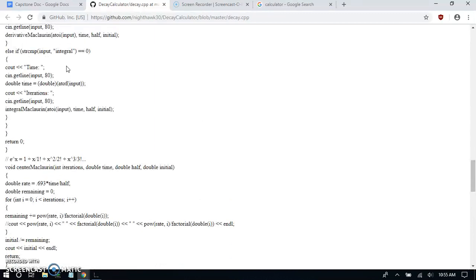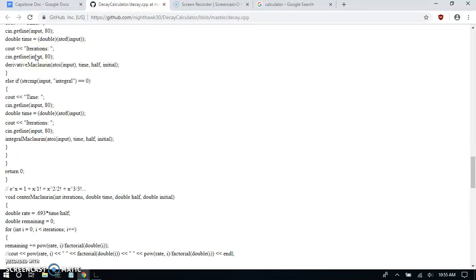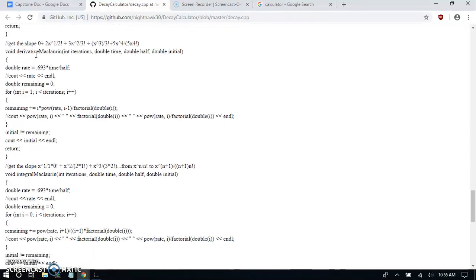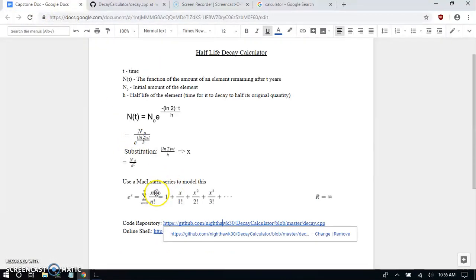The other 2 functions are the derivative and integral. The way those work is you just take the Taylor series for e to the x, and you integrate or differentiate it to get the rate or area for the half-life equation.